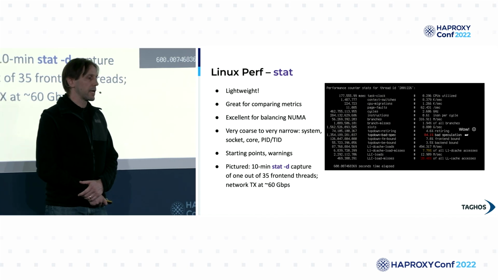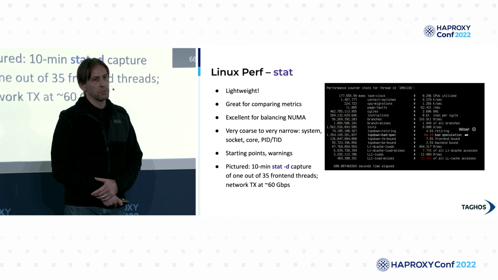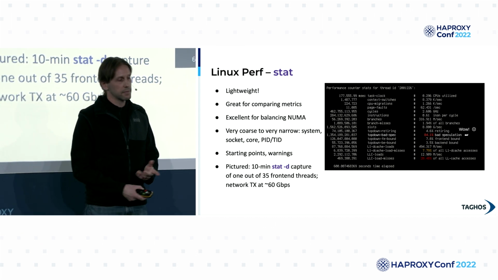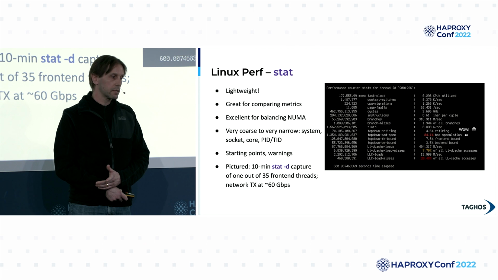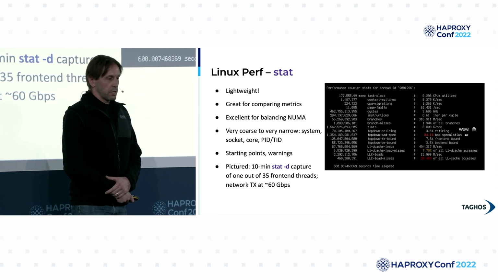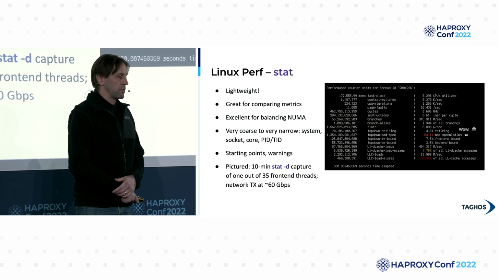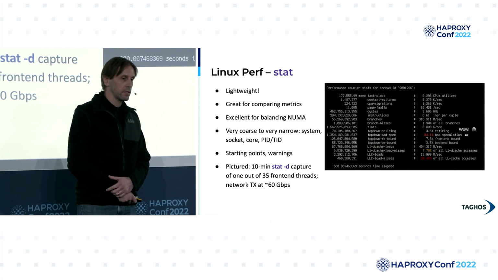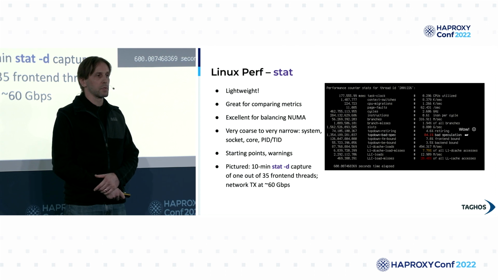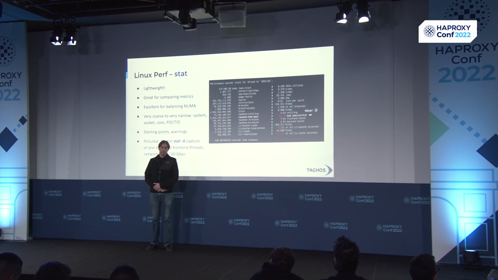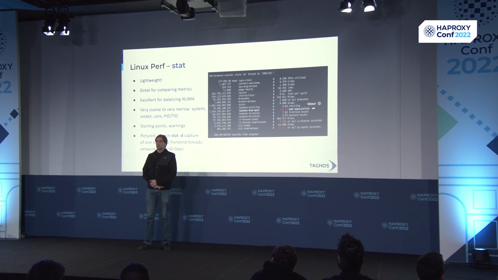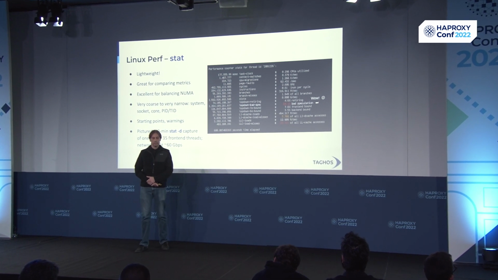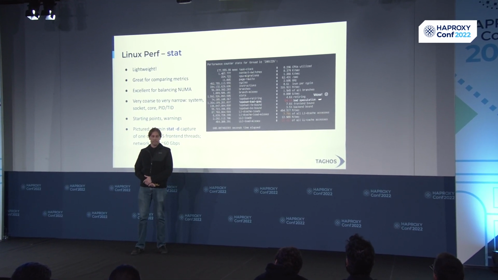And that makes it excellent for balancing NUMA, because you can numerically assess how well your fit was. You can go pretty much any level, from a system-wide overview, all the way down to perhaps a specific CPU core, or maybe you are interested only in a specific software thread. You can do that with perf stat.